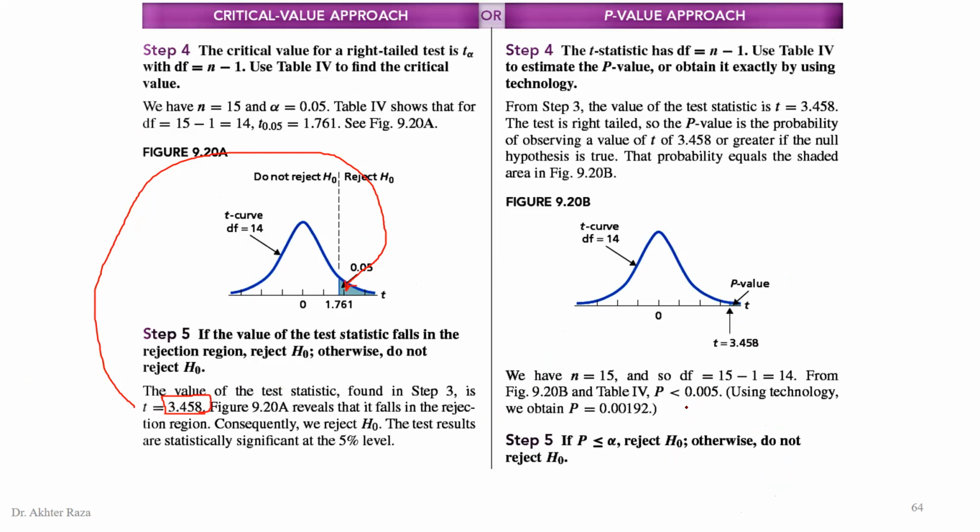That probability is from table number 4. I'm showing you this in the table. So what is to be looked up? 3.458 or any number which is closer to this against the degrees of freedom 14.